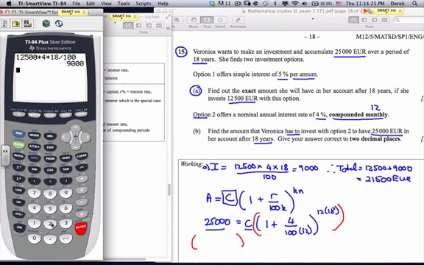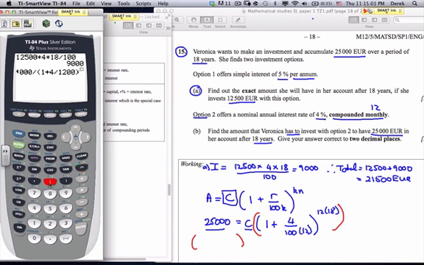So we're going to get 25,000 divided by, now I'm going to need to put this all in brackets, 1 plus 4 divided by, now that's obviously going to be 1,200, 100 times 12, 1,200, close brackets, and all to the power of 12 times 18.